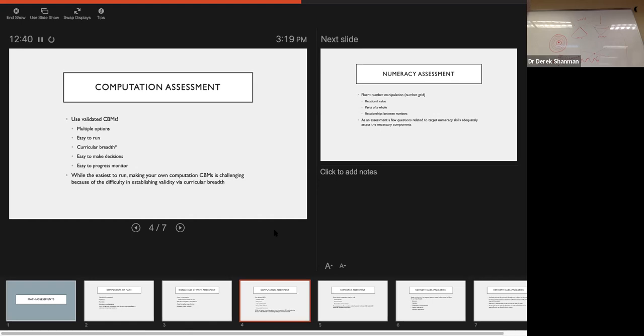The difference between calculation and computation is simply that calculation is your basic math facts. Computation is your more advanced math facts. So when you talk about calculation, it's knowing those basic fact families. When you talk about computation, it's adding and subtracting multi-digits, multiple numbers, that kind of thing.